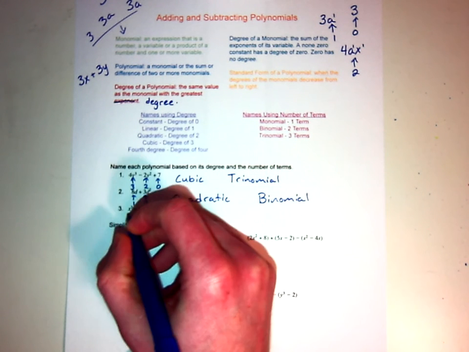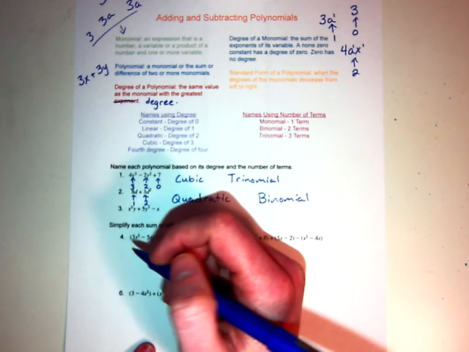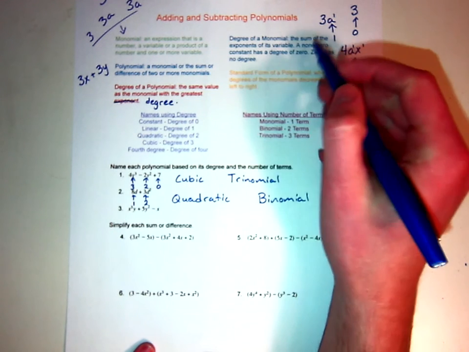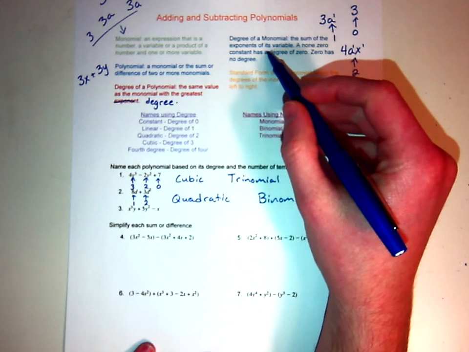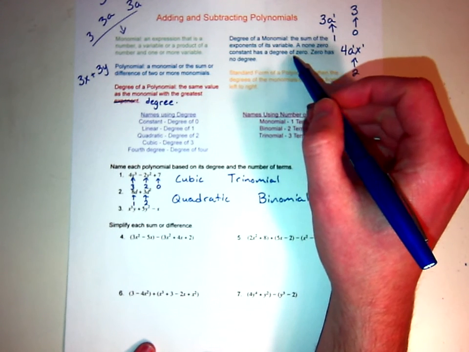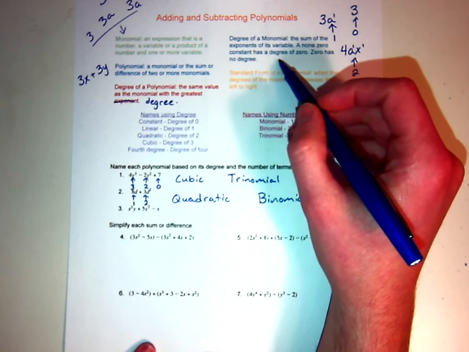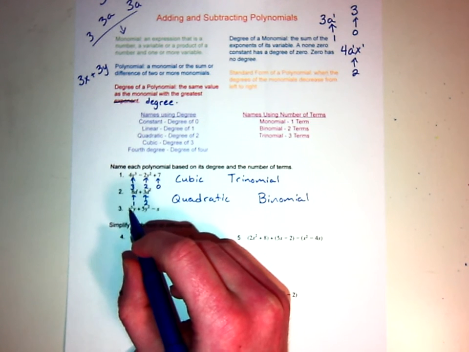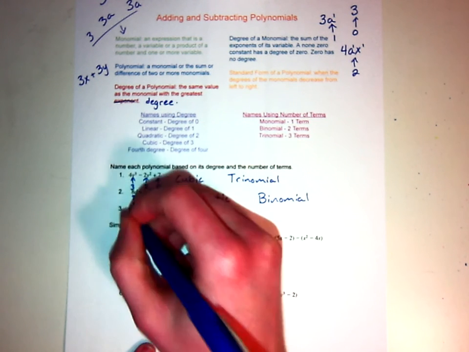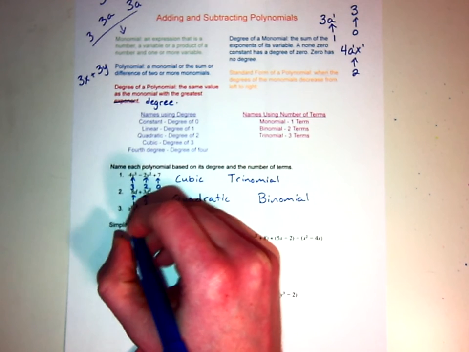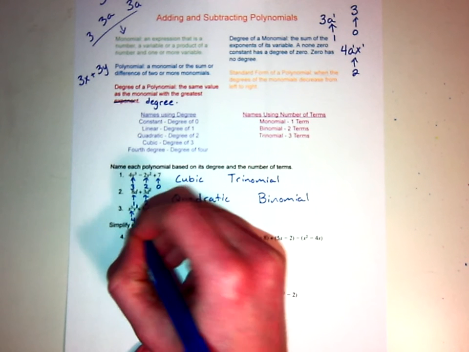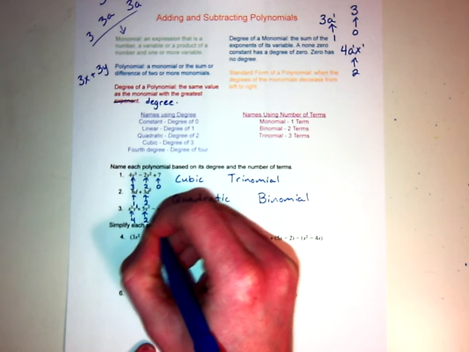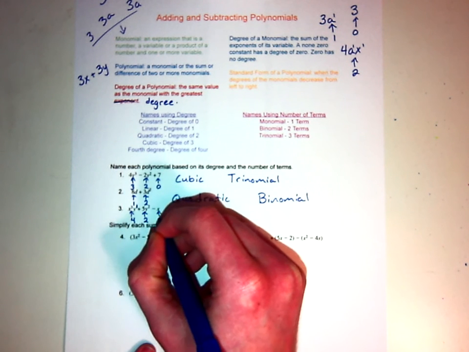Okay, for this one, remember, the degree of a monomial is the sum of the exponents of its variables, right? A non-zero constant has a degree of 0, and 0 has no degree. So this is x to the third and y to the first, so that's 3 plus 1, which is 4th degree. Over here we'd have 2nd degree, and x would just be 1st degree.